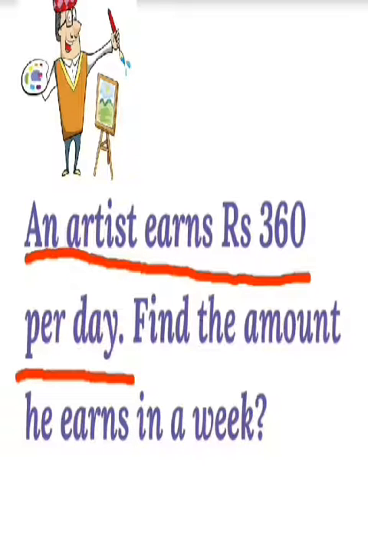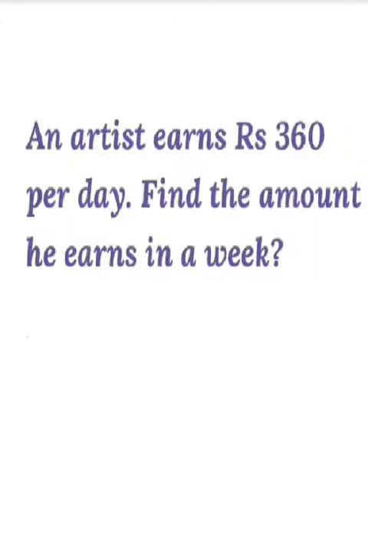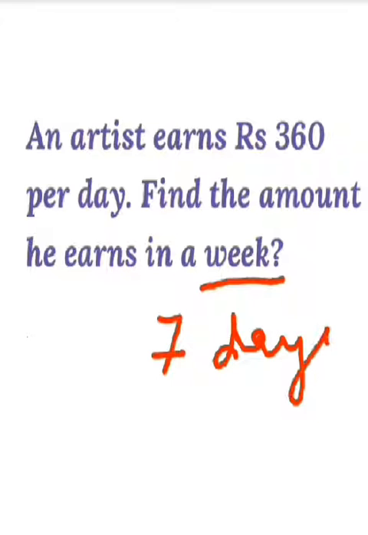Find the amount he earns in a week? So children, we have to find out that how much he earns in a week. Children, in a week there are 7 days. So we have to find out that how much does he earn in 7 days.